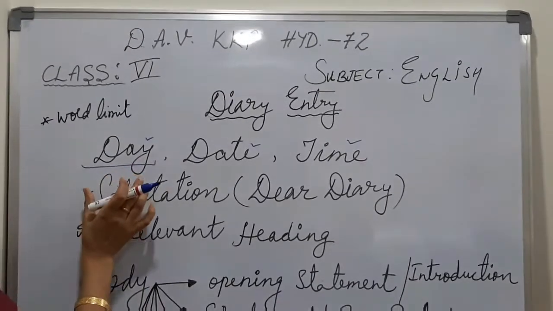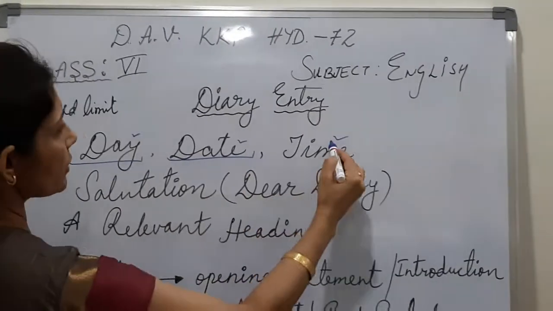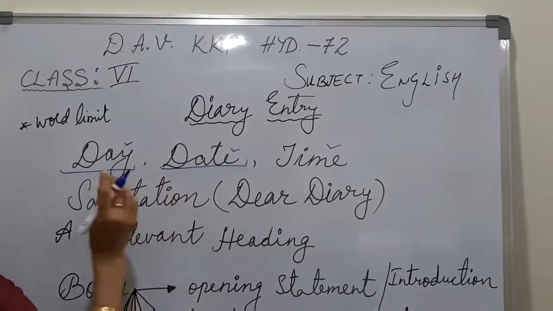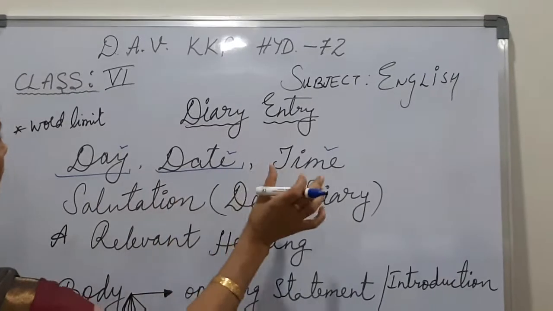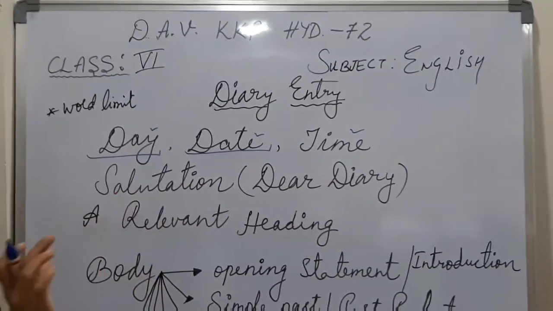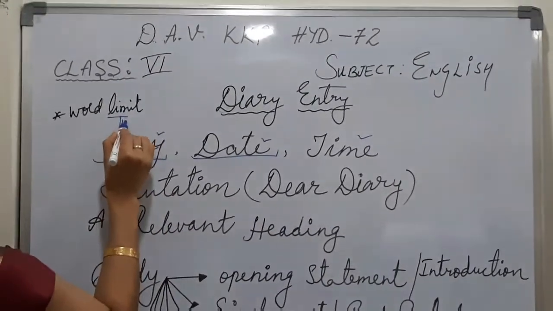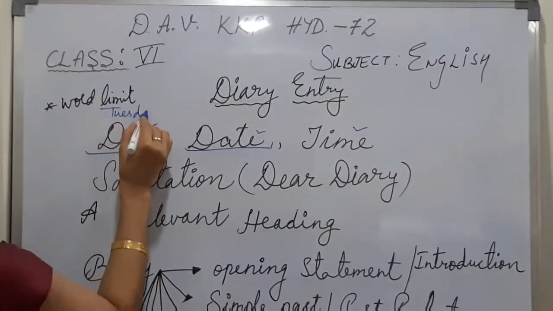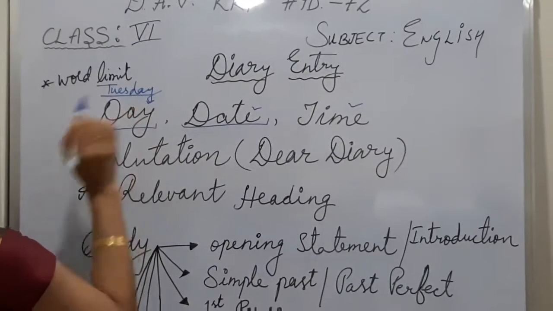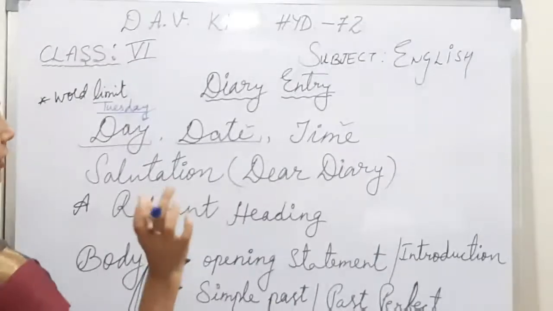So we will write the day Tuesday and then today's date and time. But remember, when you are writing the day, date and time, you should write in the full word format. Full word format means, suppose I am writing Tuesday, you should write the full day. Then the date, you should write the complete date.